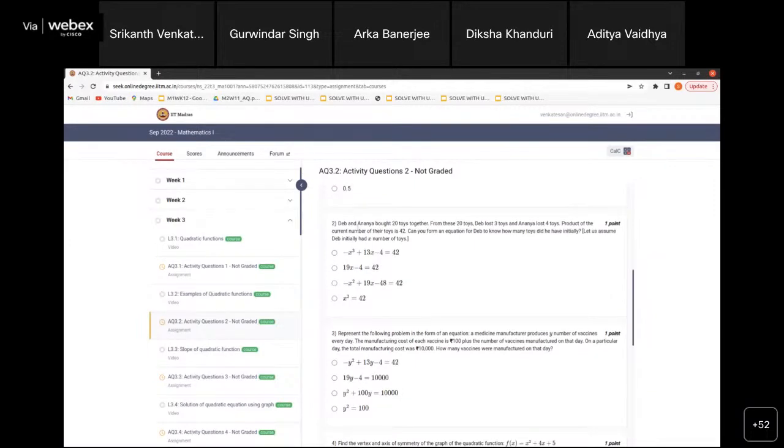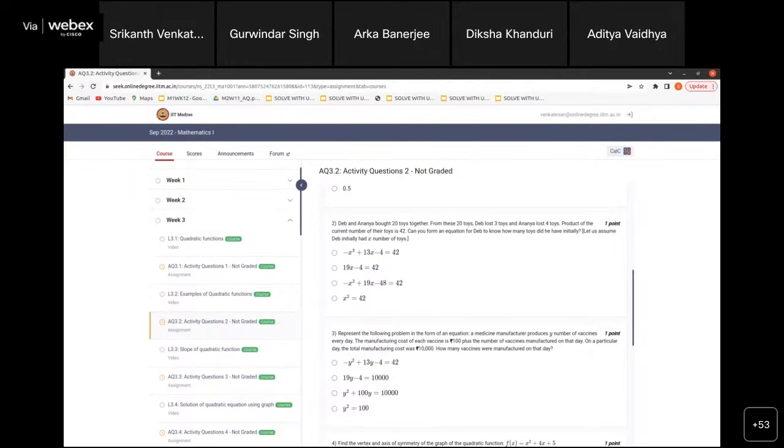So what we are saying here is that Deb and Ananya have some 20 toys. From these 20 toys, Deb lost 3 toys and Ananya lost 4 toys. After losing these toys, the product of their numbers of toys is 42. Can you form an equation to know how many toys Deb had initially?